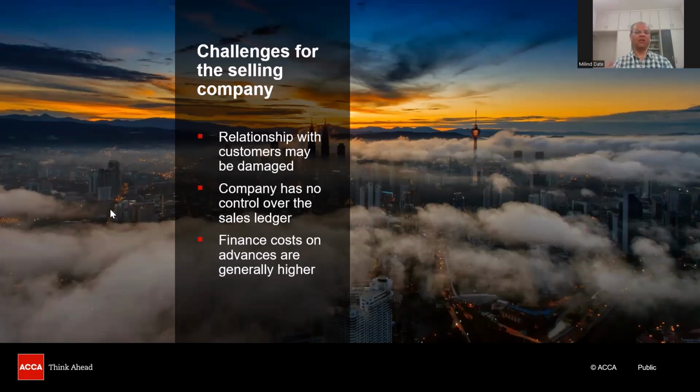It will be difficult for you to justify if somebody else starts pestering customers for payments, whereas you won't do that. So it's a challenge about damaged relationship. It may not get damaged immediately, but over a period of time. The company loses complete control on its sales ledger. They will become totally dependent on the records that are maintained by the factor. So loss of control is another challenge they face.